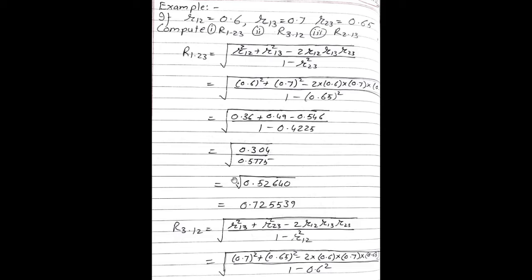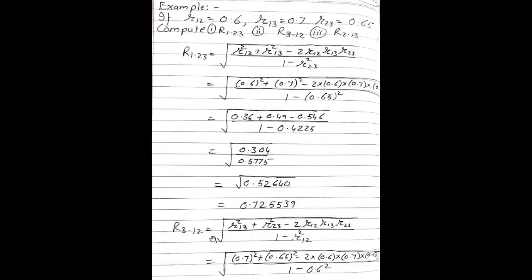Perform the division. The value comes out to be square root of 0.52640. Taking the square root, the answer is 0.725539. So capital R 1.23 is 0.725539.